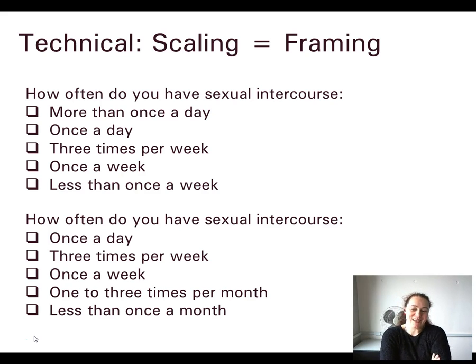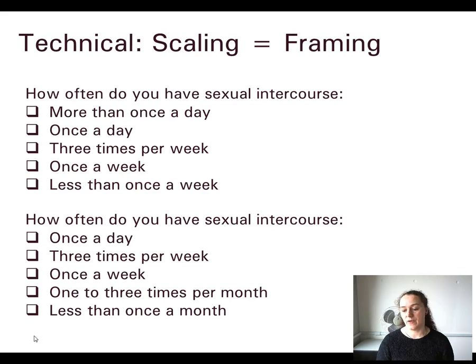Another part of the technical aspect of giving questions is that scaling is also framing. If you ask a question and you give 5 options, then people will see the middle option as the average. And as in this question, they will see, okay, am I average? Well, then, I'm less than average, and they will hesitate to go much above or much below.